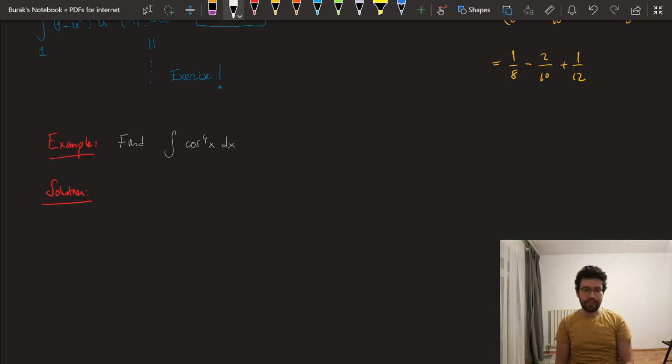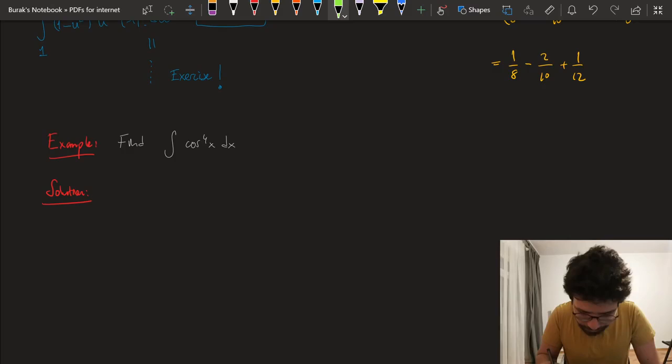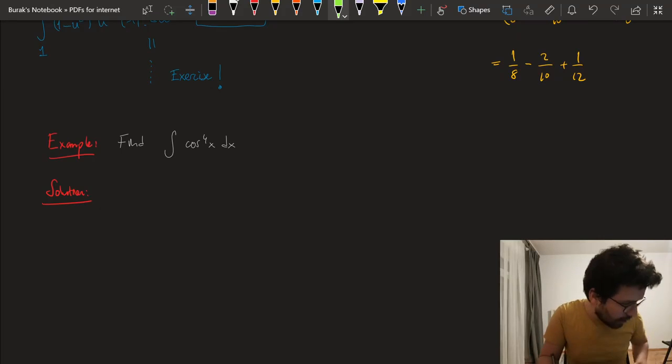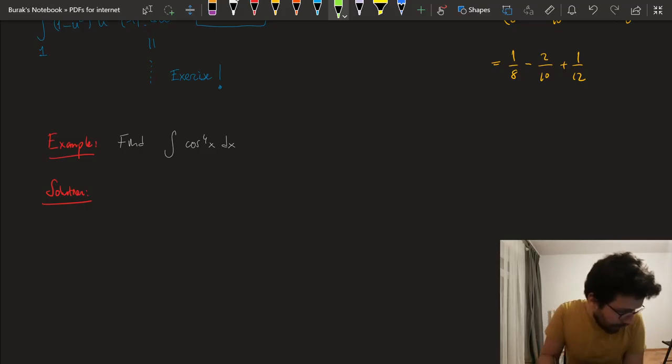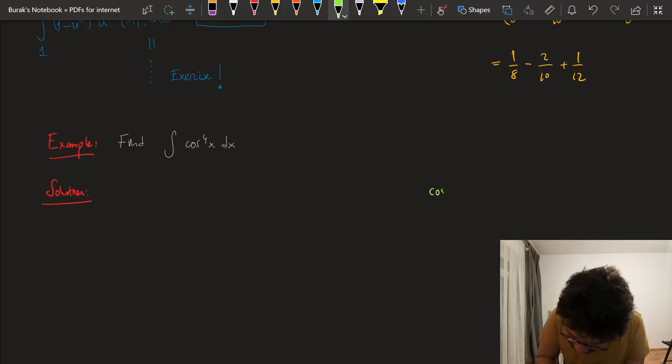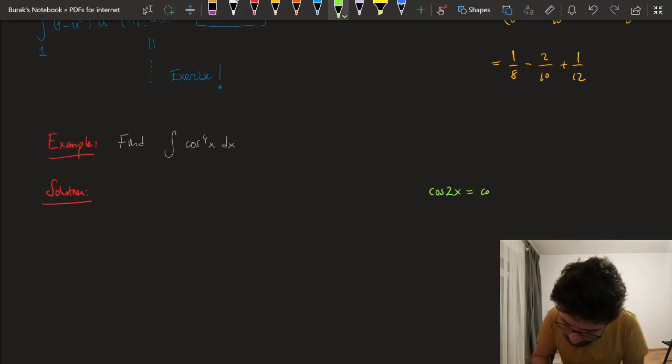So what am I going to do then? Then you're going to use the half angle formulas. If you remember, cosine 2x is equal to cosine squared x minus sine squared x. And if you replace sine squared with 1 minus cosine squared, this is going to give you 2 cosine squared x minus 1.